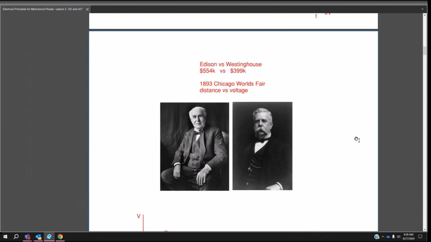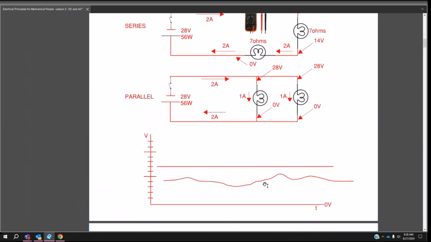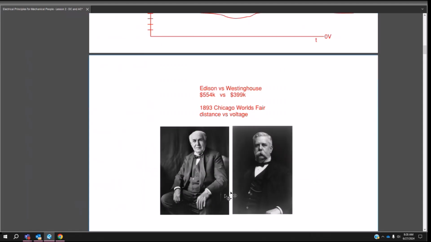At the time, we understood what AC circuits were, alternating current, instead of DC circuits, direct current. Hence this is only going one way in the positive direction, and this is alternating into the positive and negative directions.